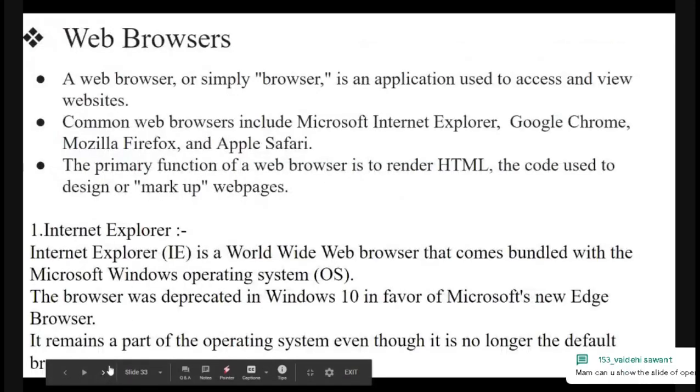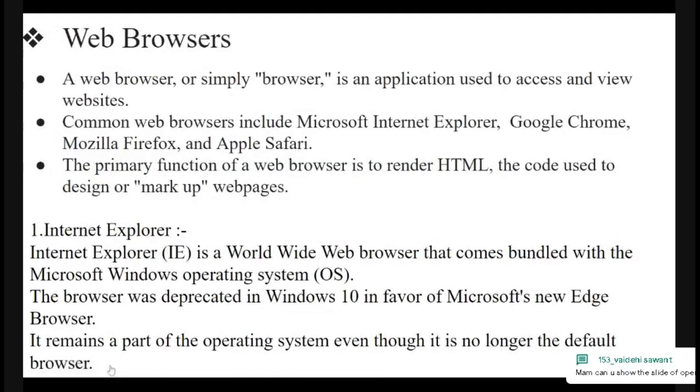Now, the most related topic to you is the web browser. What is a web browser? A web browser means an application used to access and view websites. This we have studied in the practical of the OS, that what is a web browser.